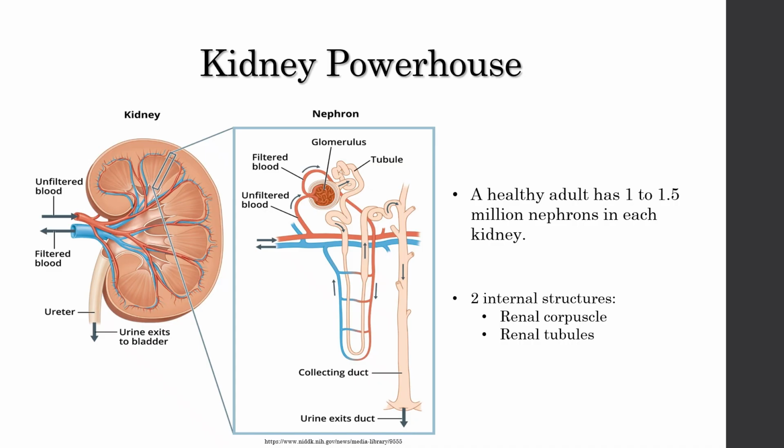Then there's renal tubules. Once fluid leaves the glomerulus, it enters the tubules. You have the proximal convoluted tubule, the loop of Henle, and then the distal convoluted tubule, as well as the collecting duct. This is where electrolytes are adjusted, water is reabsorbed, acid-base balance is fine-tuned. By the time fluid reaches the collecting duct, it has been dramatically altered from the original plasma. Okay? If the glomerulus is damaged, we end up with a filtration problem.